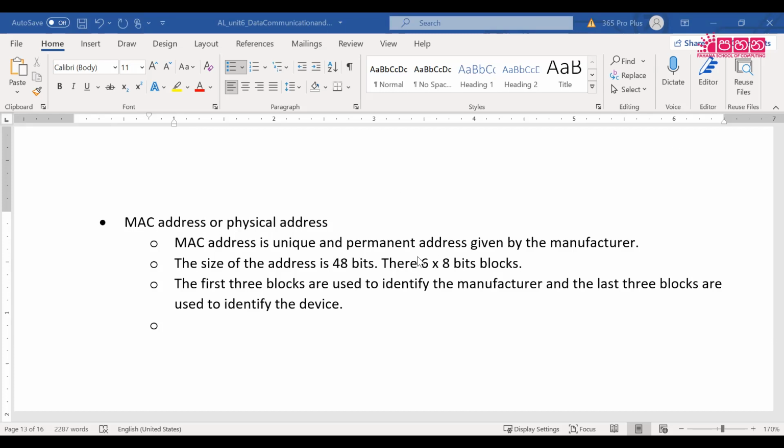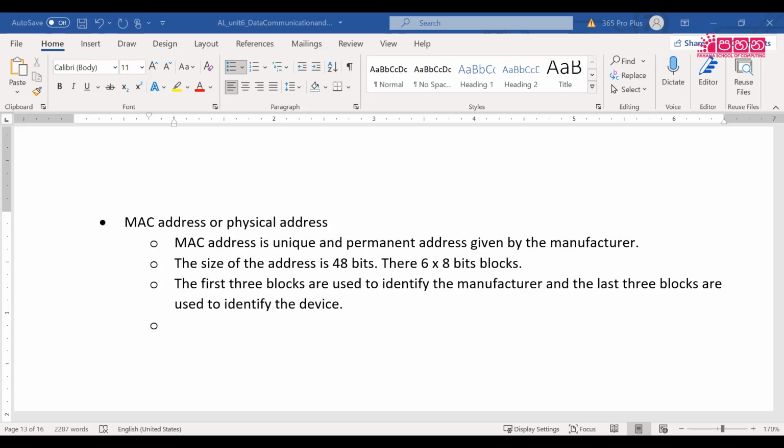Now we can give an example. In my machine, you can type ipconfig /all.